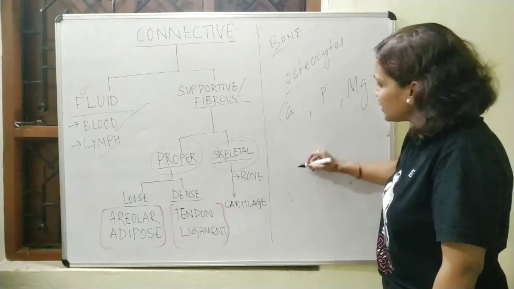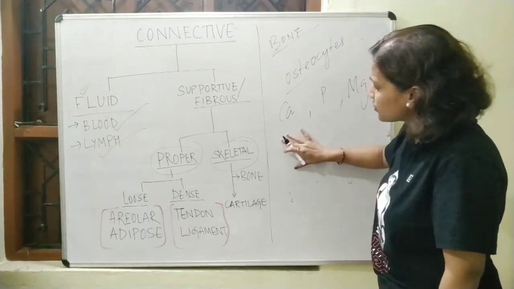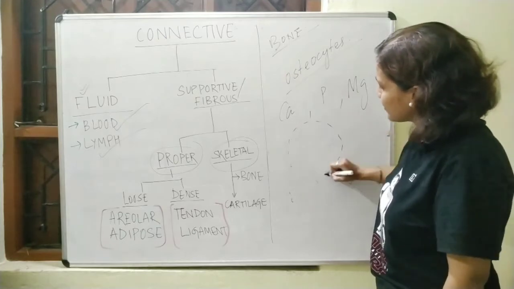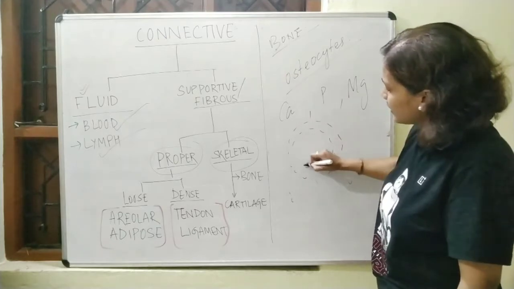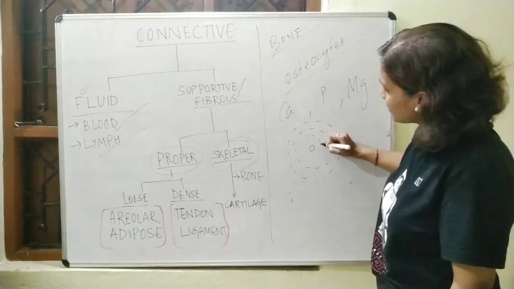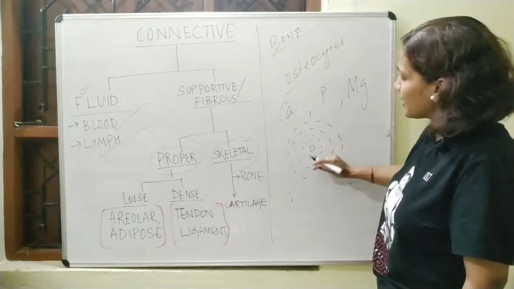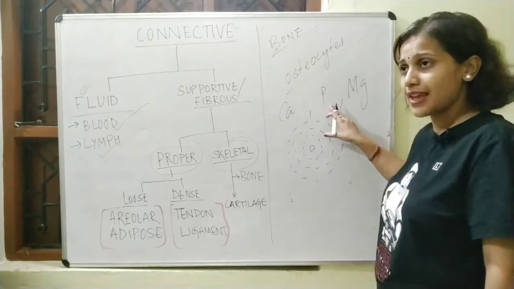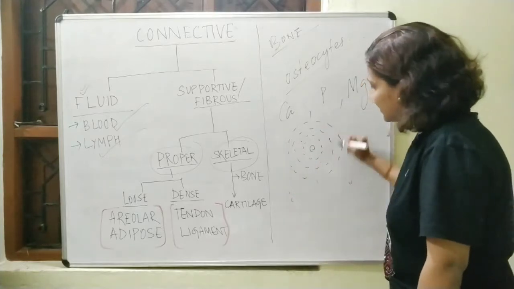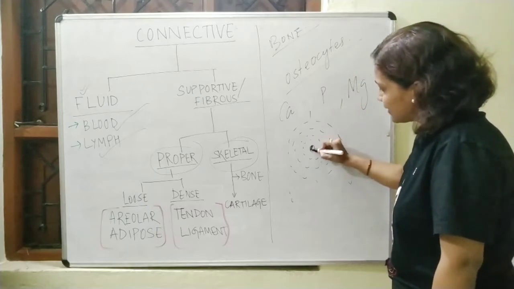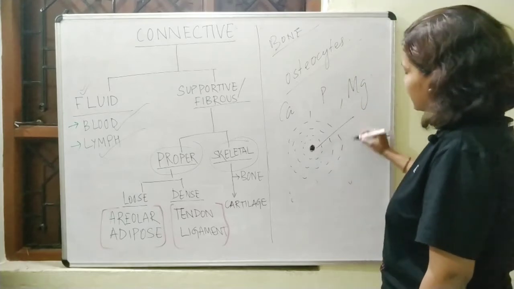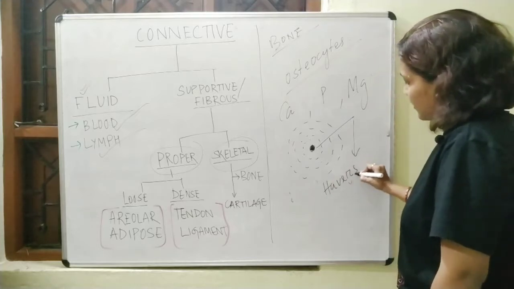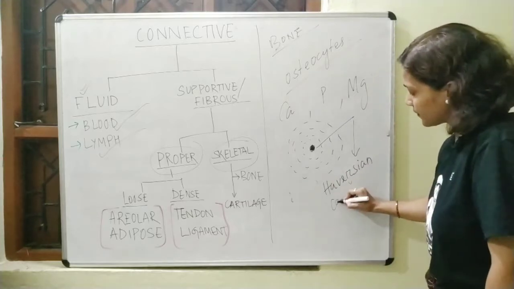And when you observe the structure of the bone, you will see basically it is a canal-like system in which a particular canal is surrounded by many cells, and they are present in a matrix-like structure. The matrix is no doubt made up of these things, and these cells, they are your osteocytes, and this canal is called your Haversian canal.